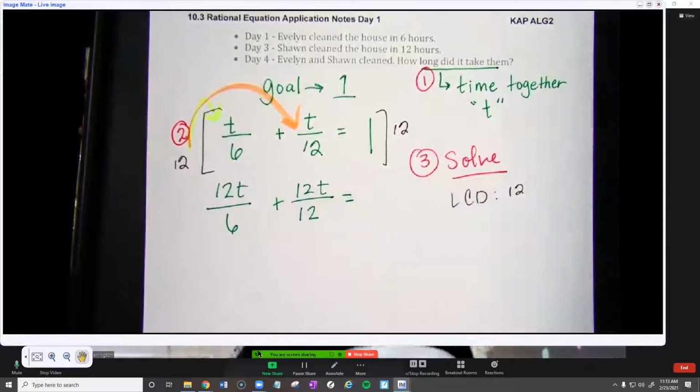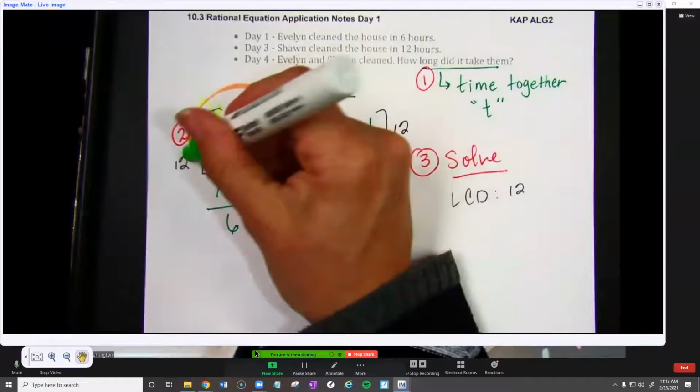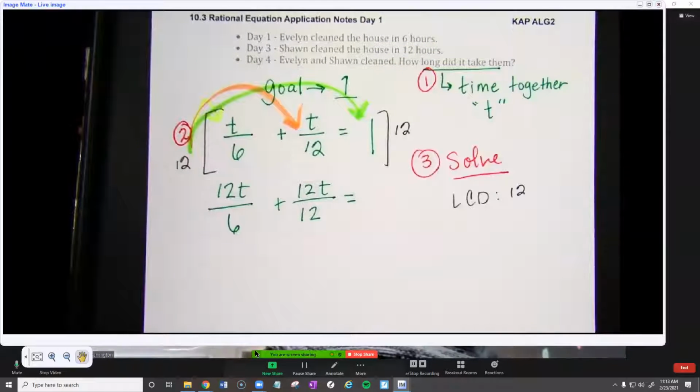And then don't forget, we do have to distribute to the other side. I used to always forget this when I was your age. So remember, it doesn't equal 1, it equals just 12.